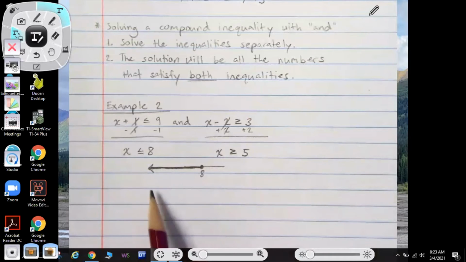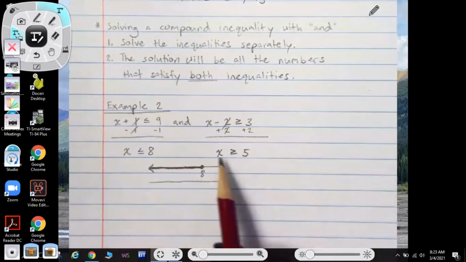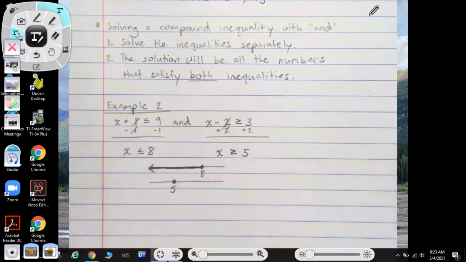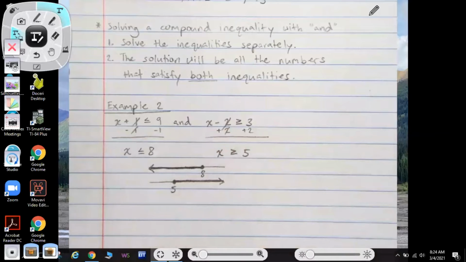And we're going to draw a separate number line just right below this one to graph x is greater than or equal to 5. So we're going to have a closed circle at 5, and then x can also be anything greater than that, so we shade the right side of 5 with an arrow going all the way to positive infinity.